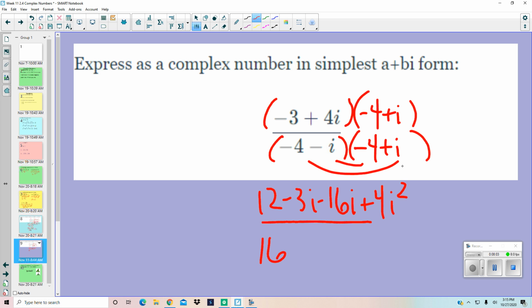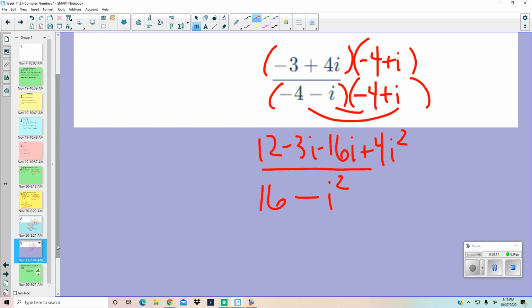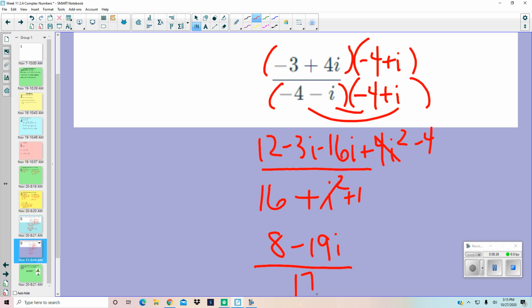The inside and the outside are going to cancel. Minus i squared. So when I simplify, this becomes a negative 4 here. So I have 8, because 12 minus 4 is 8, minus 19i. And then this is a negative 1, so it really becomes positive over 17. And nothing can be simplified there, so I just leave the answer like that.